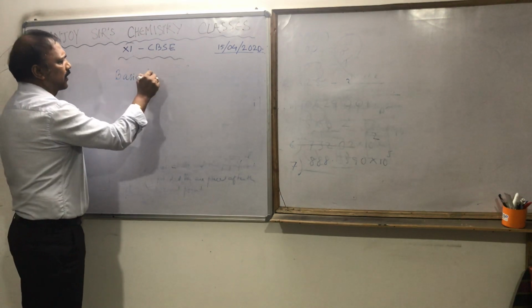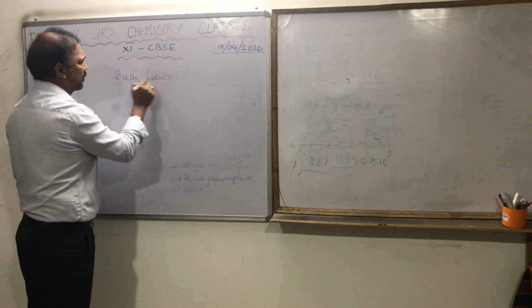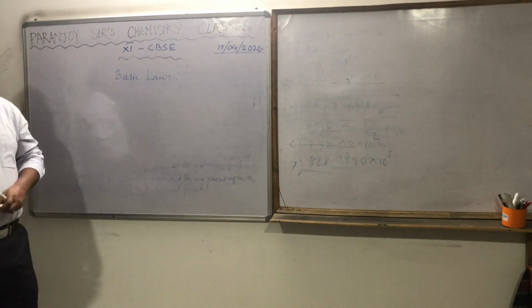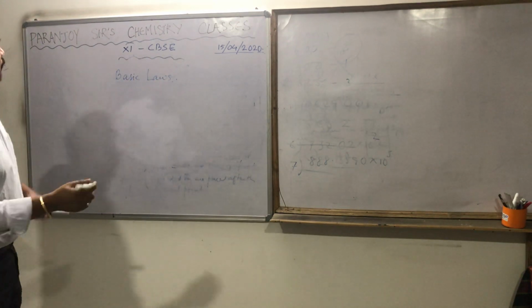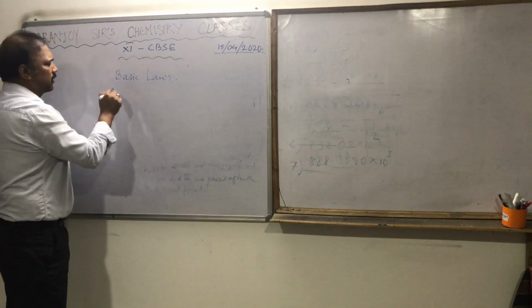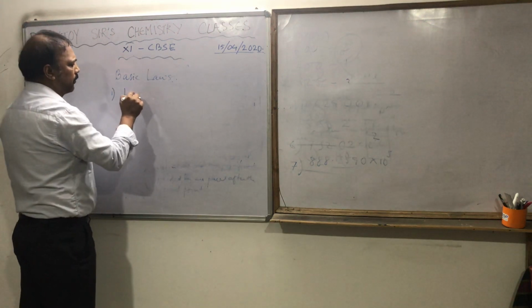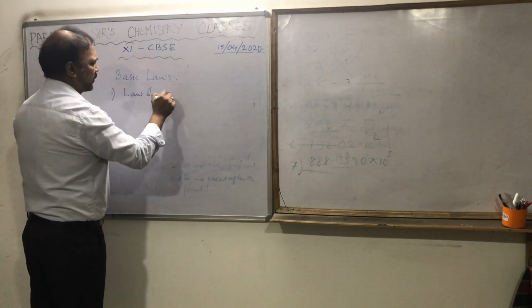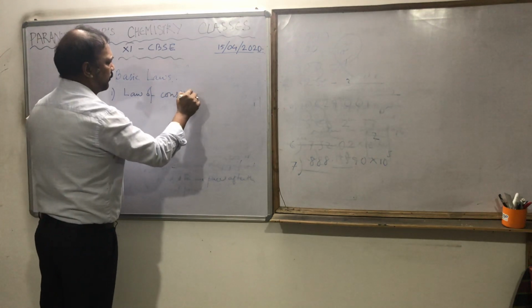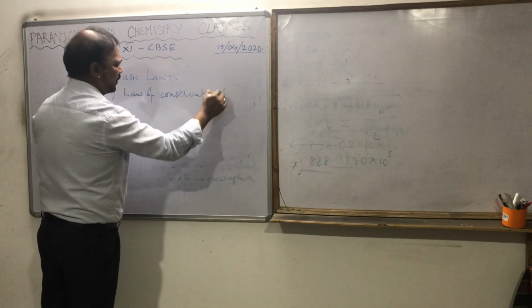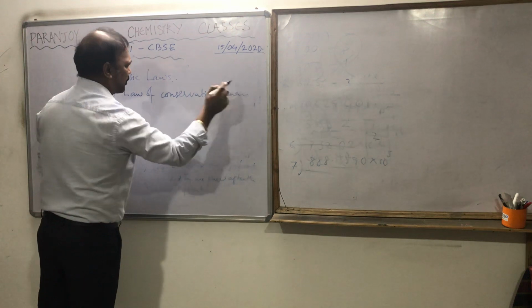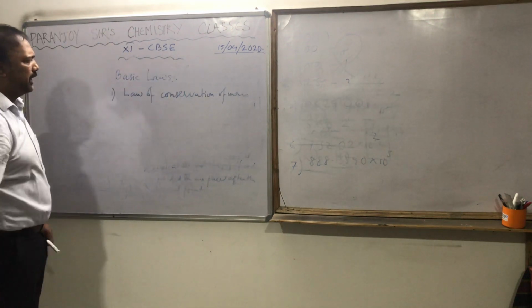Basic laws of chemistry. Mainly we are going to study 4 laws. The first one is law of conservation of mass, which all of you know. Conservation of mass. We will study that from the chemistry point of view, which we study today.